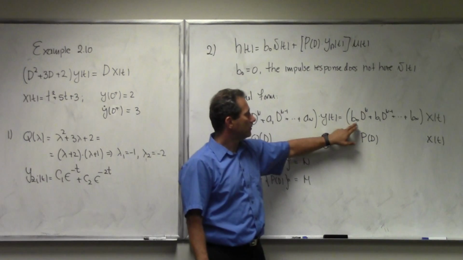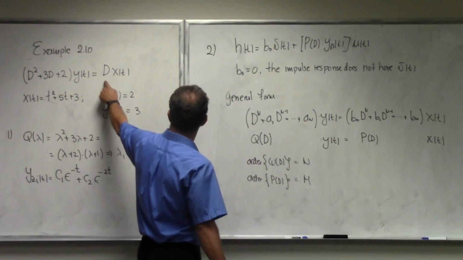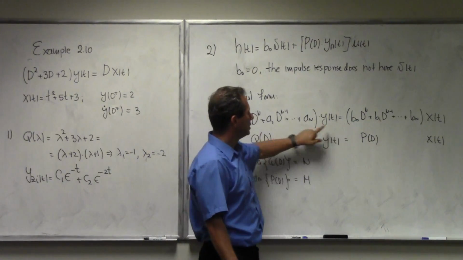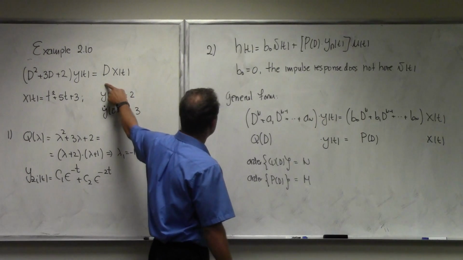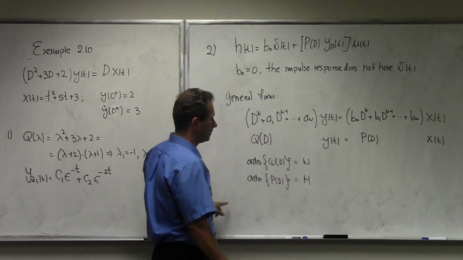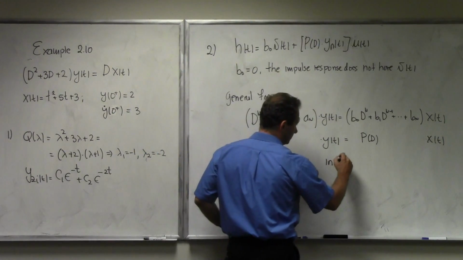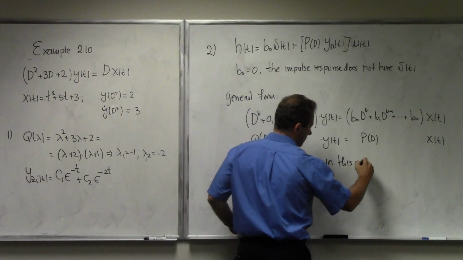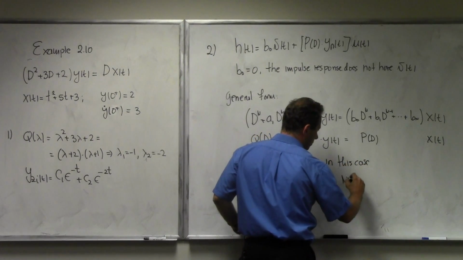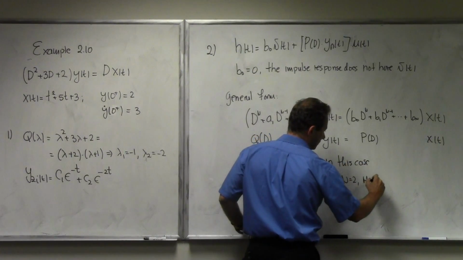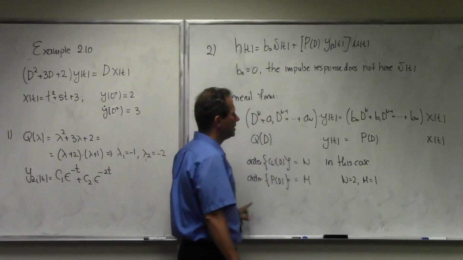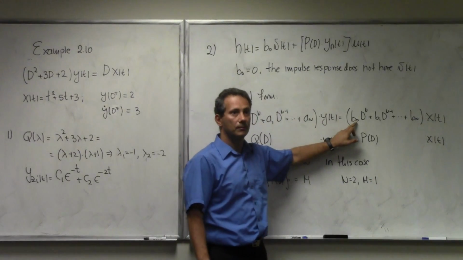If you compare this with this, you can see that in our case n is equal to 2 and m is equal to 1. So b0 is equal to 0, right?